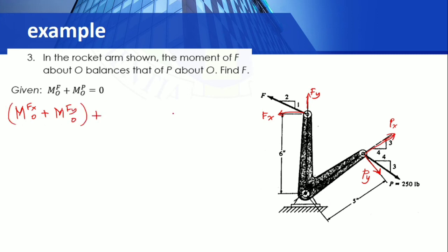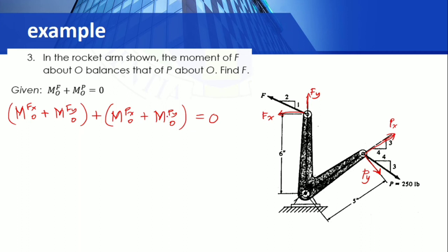Plus, for P, the moment of our PX and the moment of our PY is equal to the moment of our force P about O. So that will be the moment of our PX about O plus the moment of our PY about O. So this should be equal to 0.